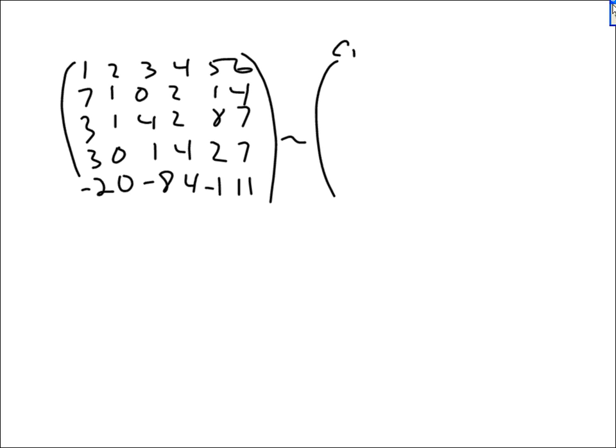Suppose that this matrix is row reduced to the following. I have 6 columns, and I'm going to pick these 4 that have leading ones.